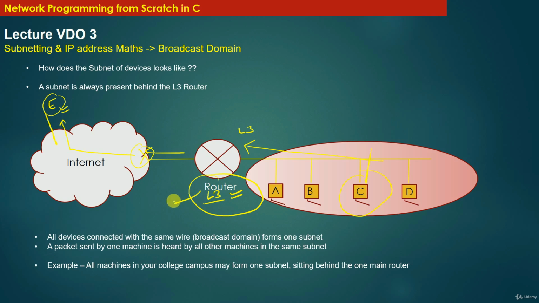The L3 router is used only for L3 routing, that is, taking the data from one subnet to another subnet. And when the communicating machines belong to the same subnet, there is no role of the L3 router in taking the traffic from the source machine to the destination machine which belongs to the same subnet.